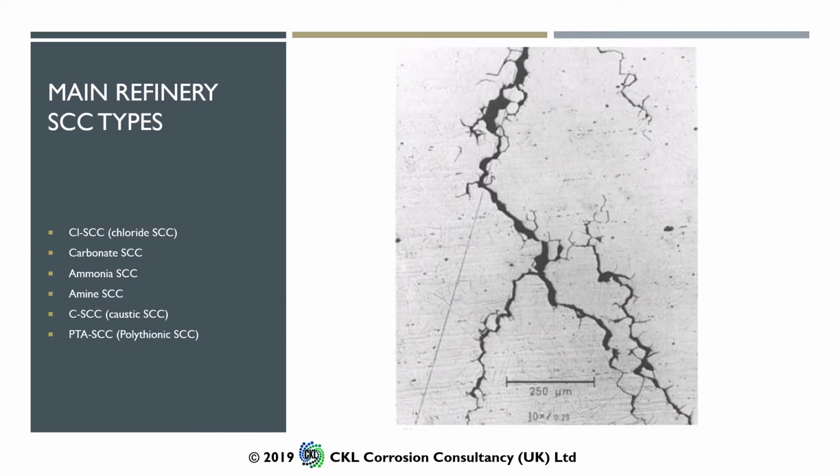Then we'll look at carbonate stress corrosion cracking, a form of alkaline stress cracking that's found in carbon steel equipment in non-post-weld heat treated weld areas. We'll then look at ammonia stress corrosion cracking, which commonly affects copper alloy materials such as brass, etc. We'll then cover amine stress corrosion cracking.